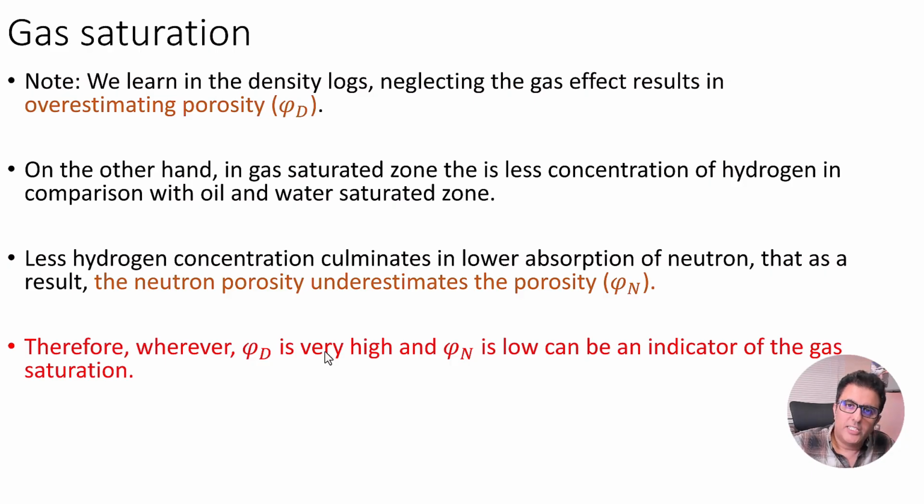If you remember from my density lecture, I said that if we have no idea about gas saturation in the formation and wrongly assume that the formation is saturated by water or by oil, in that case, we're going to end up with overestimation of density porosity. On the other hand, something that is interesting here, neutron porosity in gas saturated zones underestimates the porosity.